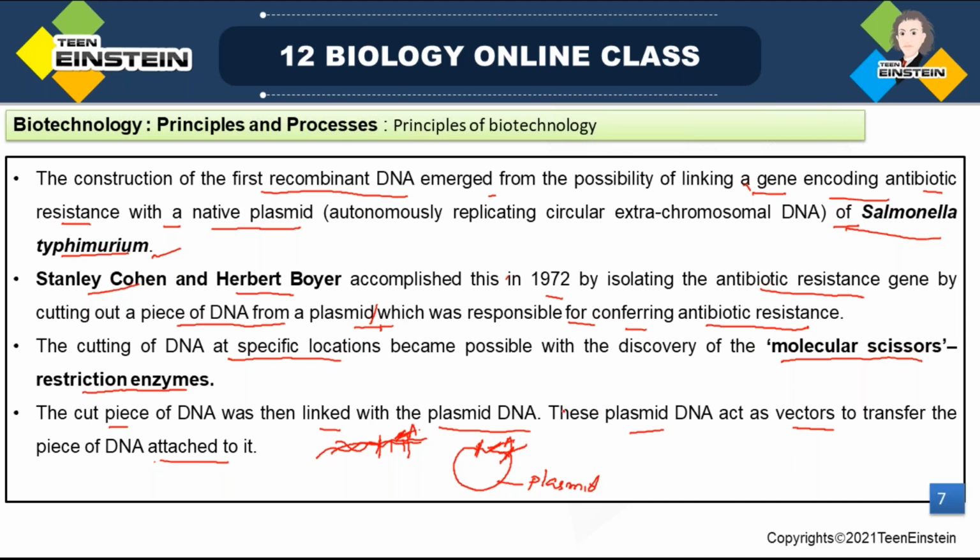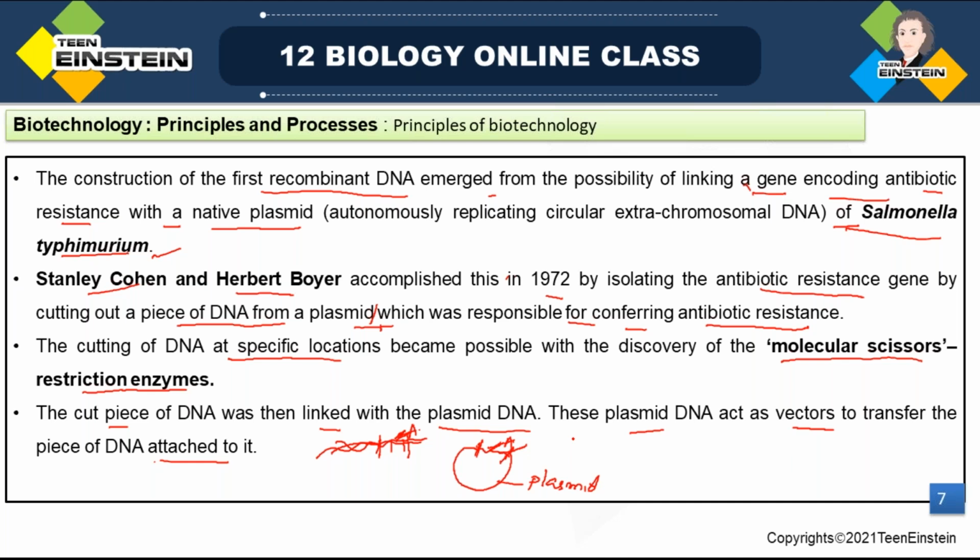So this plasmid DNA is acting as a vector to transfer the piece. What do you mean by vector? We have learned about vectors in the case of diseases, right? Vector means something which helps to transfer, like mosquitoes acting as a vector to transfer the malarial parasite.